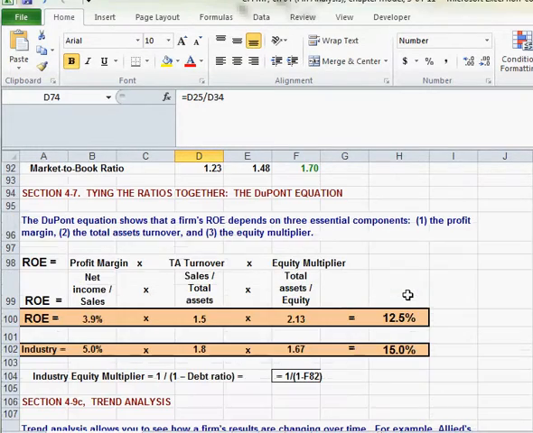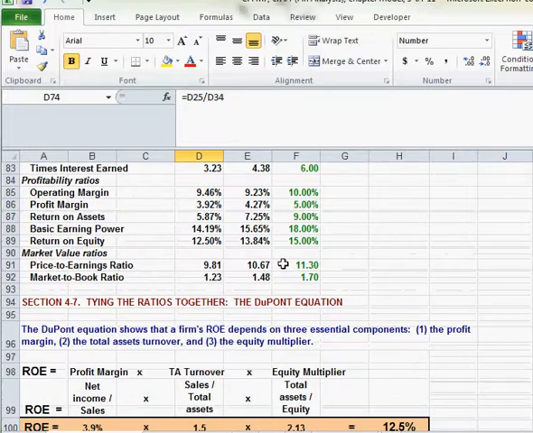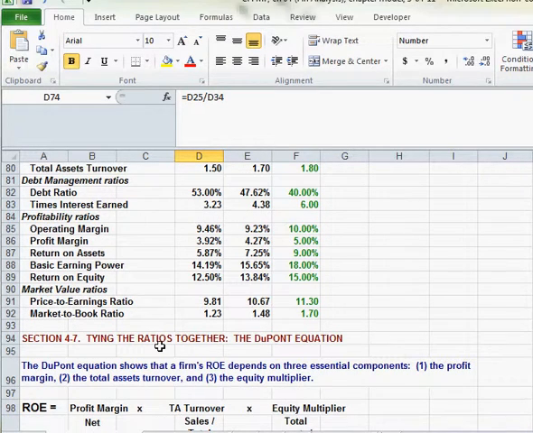Then down below it shows the Dupont equation. These are the steps to find the return on equity, which is net income over total common equity. Up above we have calculated it, right here, 12.5, which was net income divided by total common equity.